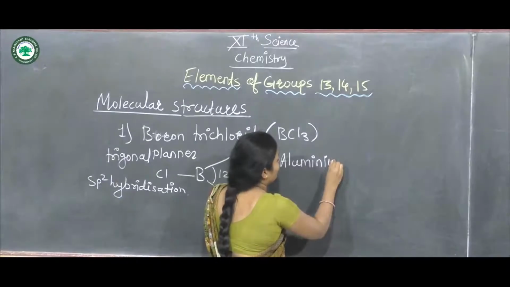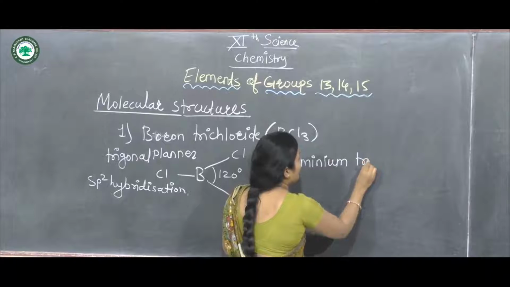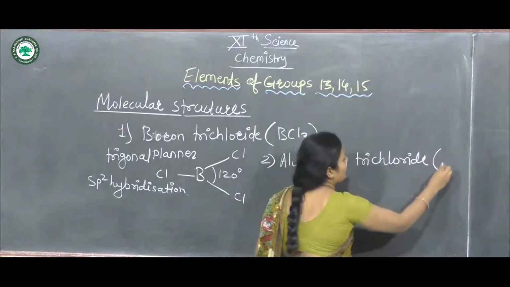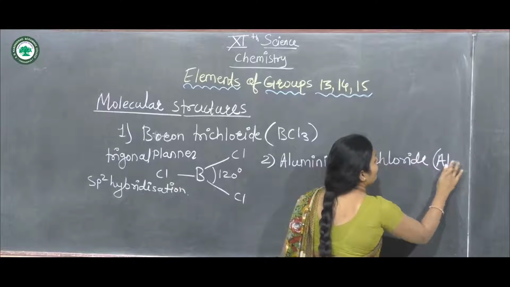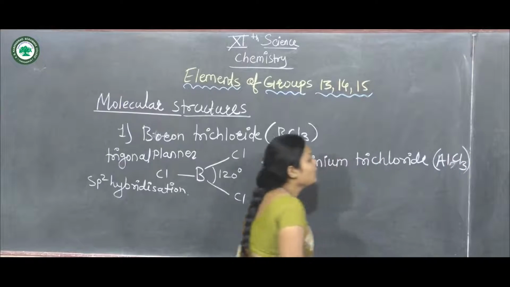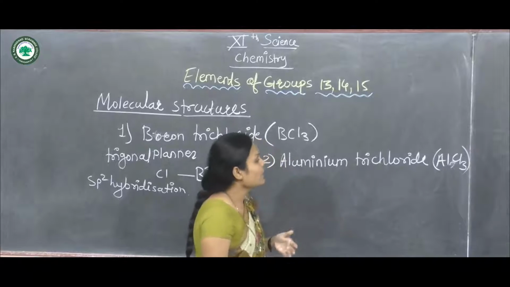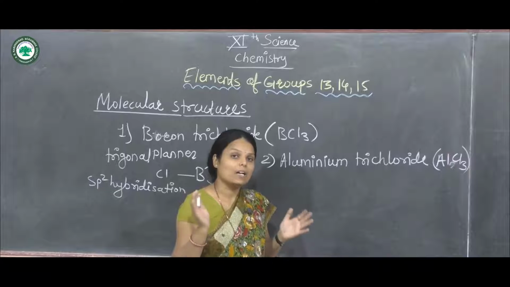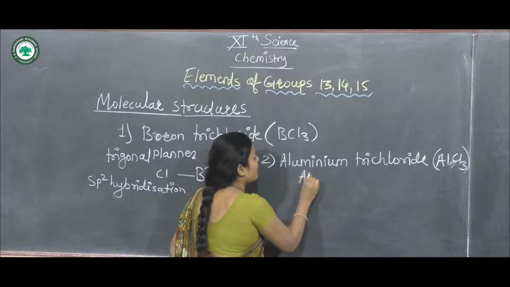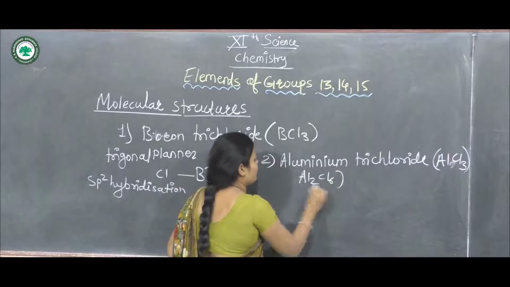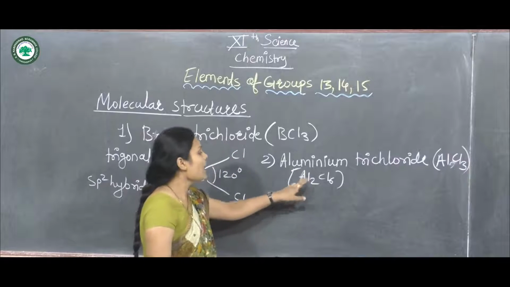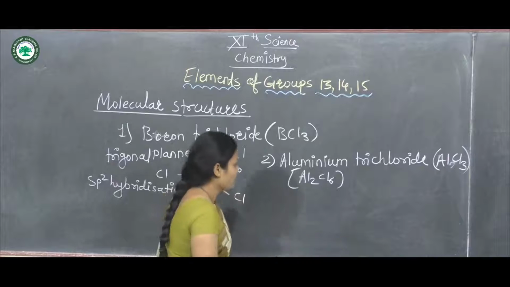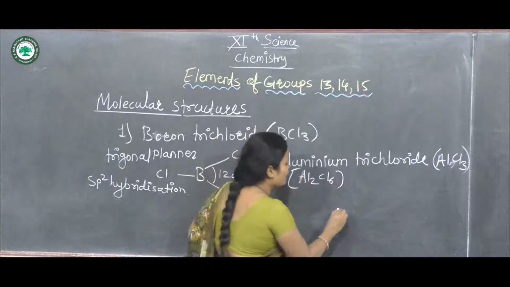Aluminium trichloride. Its formula is AlCl3. Now we can also write dialuminium hexachloride, means Al2Cl6. We draw the structure here. Aluminium is the central metal atom.